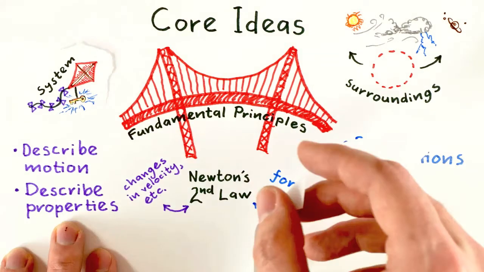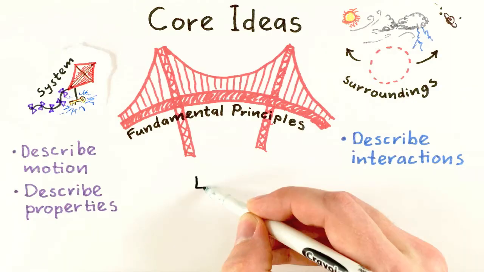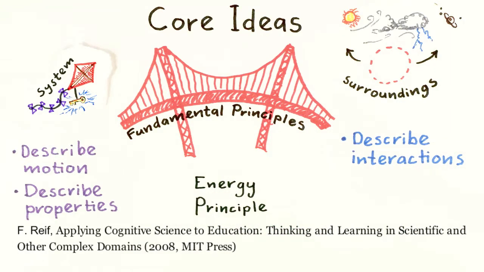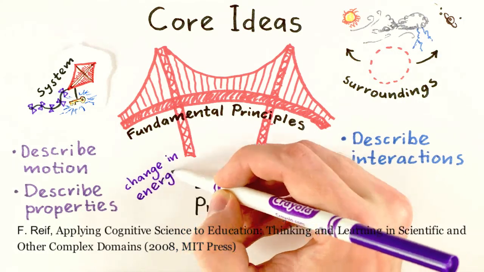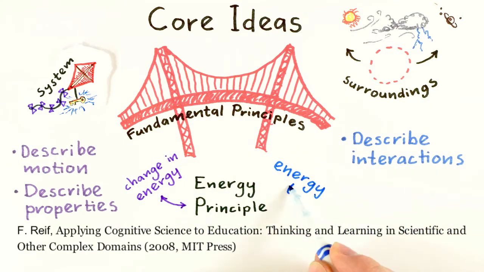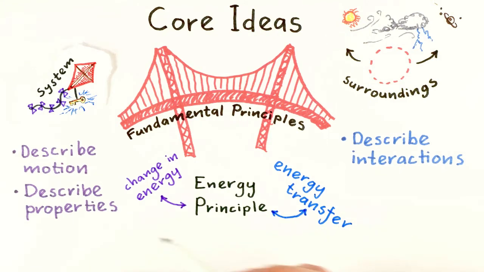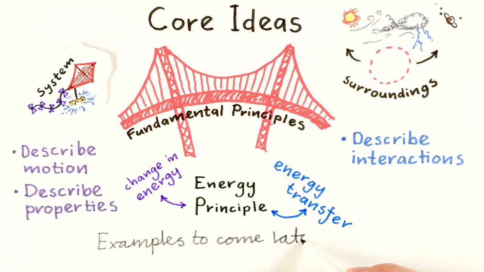A second fundamental principle we'll come to later links motion changes described by energy changes to interactions described by energy transfer to or from the surroundings. Don't worry if this seems a bit too abstract now. We'll return to this picture repeatedly and flesh it out more clearly with specific examples.